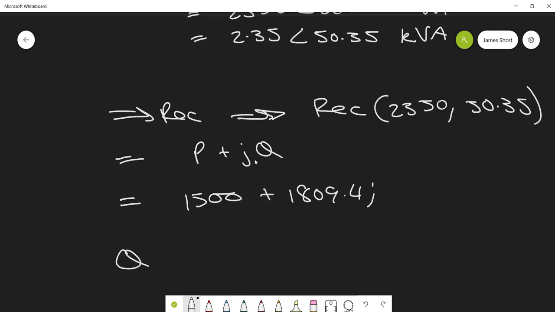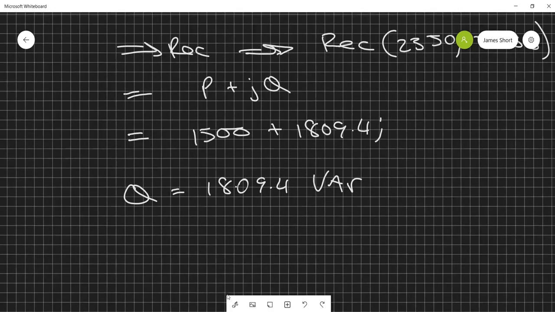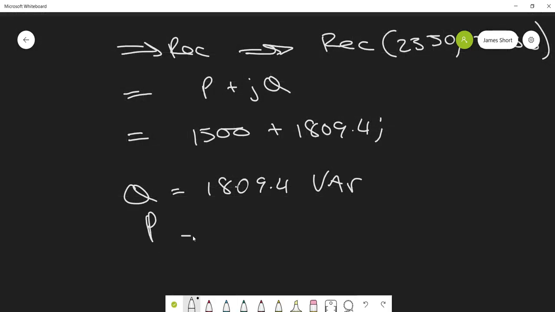So we can say from this, Q is 1809.4 volt ampere reactive, and P, the active power, that's in watts.